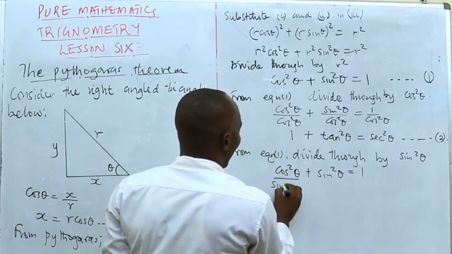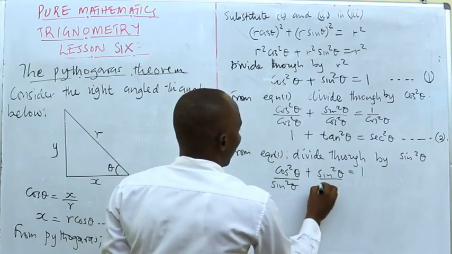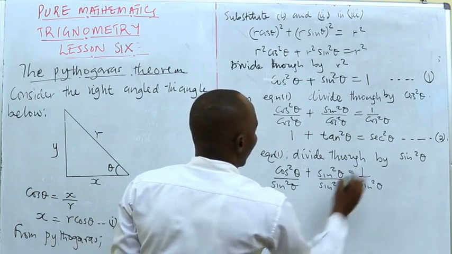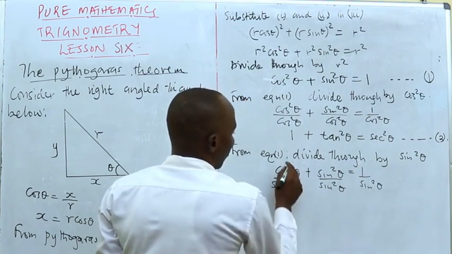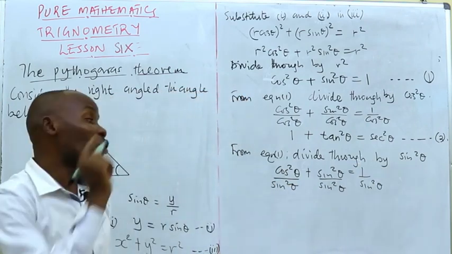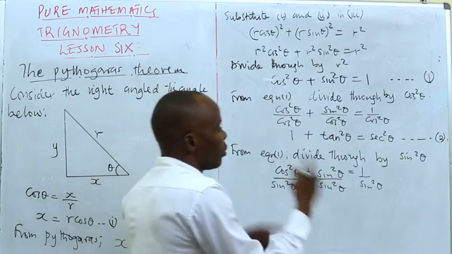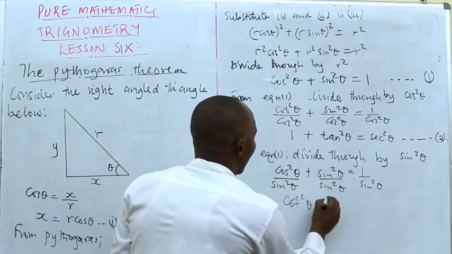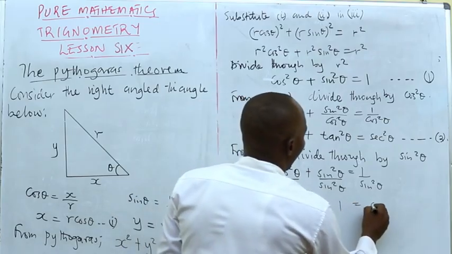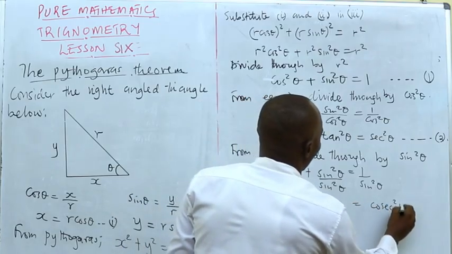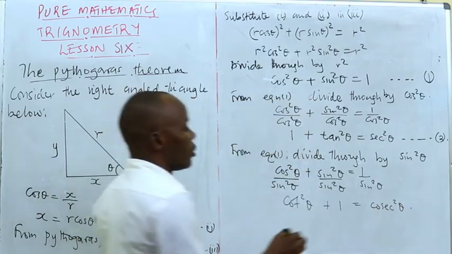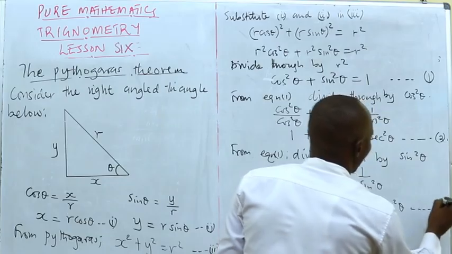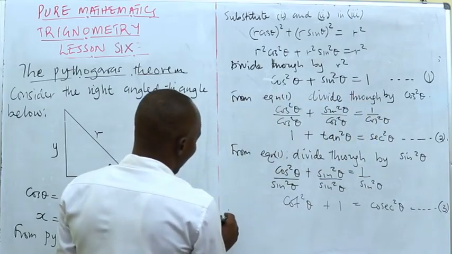We are dividing through by sine squared theta. Here, cos over sine is cot, because we are talking of reciprocals. So this one is cot squared theta plus 1 is equal to cosec squared theta. You call this one equation 3.